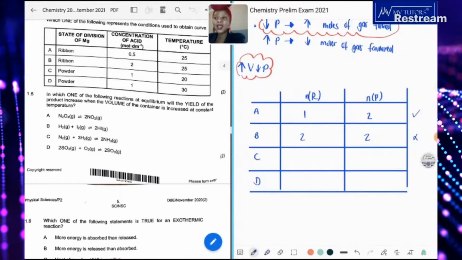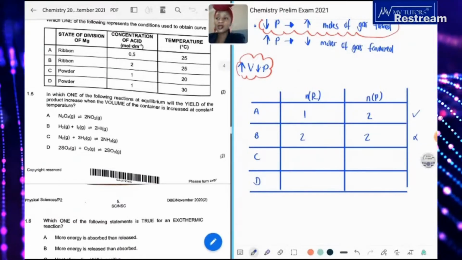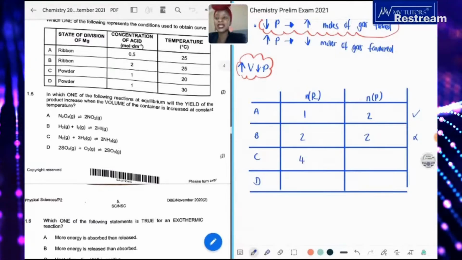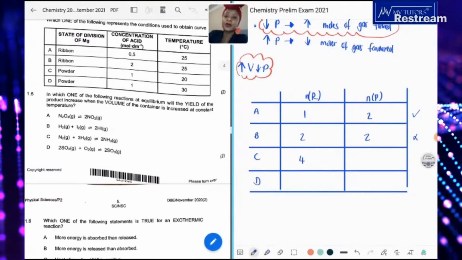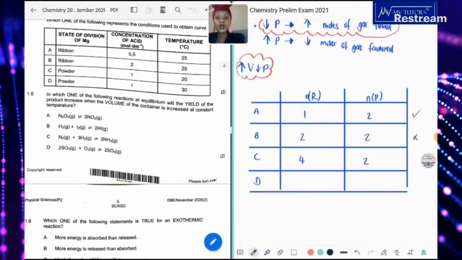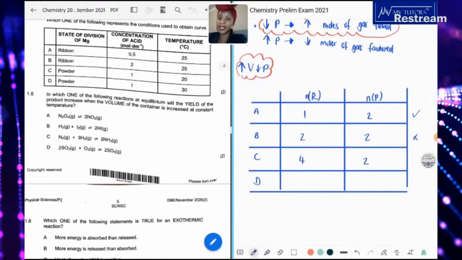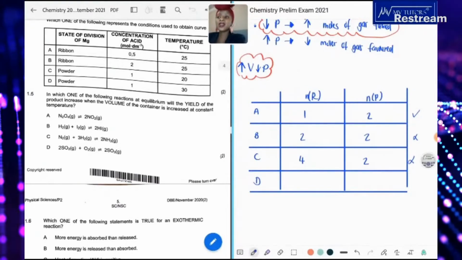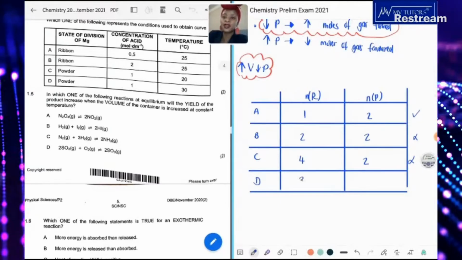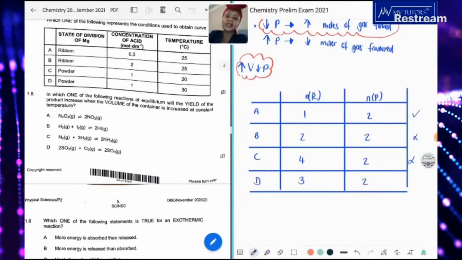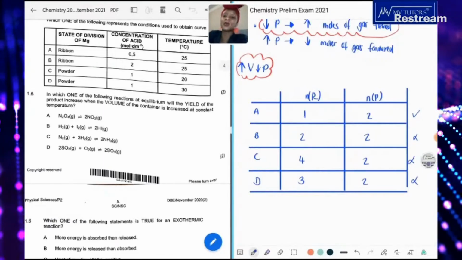For C, you have 4 moles on the reactant side, 1 mole nitrogen and 3 moles hydrogen, and then 2 moles for ammonia. So here, this is reactant favored, and that's not what we want. We want something that is product favored. And the last one, we have 3 moles on the reactant side and only 2 moles on the products. Again, reactant favored. So our answer will then be A.